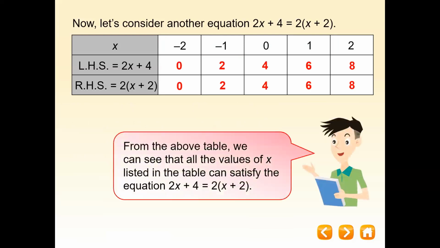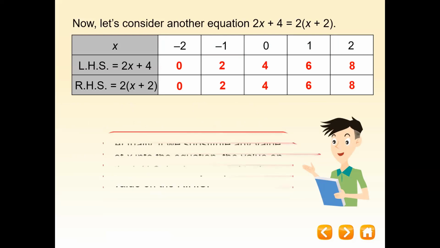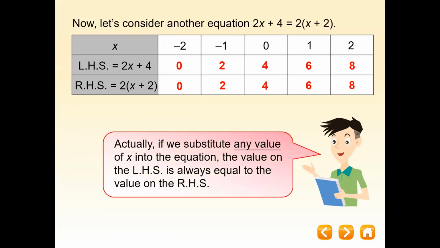From the above table, we can see that all the values of x listed in the table can satisfy the equation 2x plus 4 equals to 2 times bracket x plus 2. Actually, if we substitute any value of x into the equation, the value on the left-hand side is always equal to the value on the right-hand side.